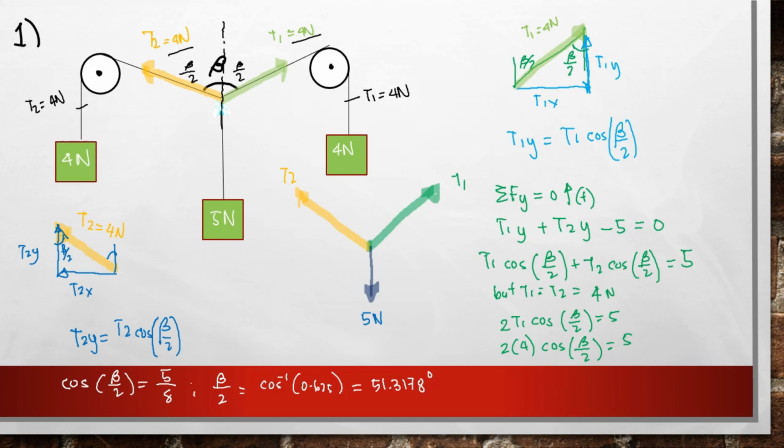Therefore, if that is beta over 2, we just cross multiply and say beta is equal to 2 times 51.3178, and let us multiply that by 2, 102.635. Beta is equal to 102.635. There you have it.